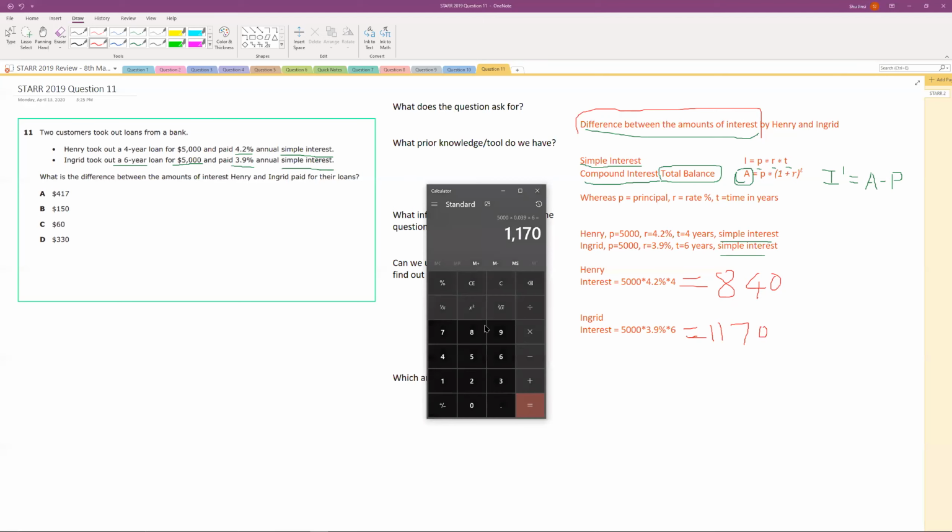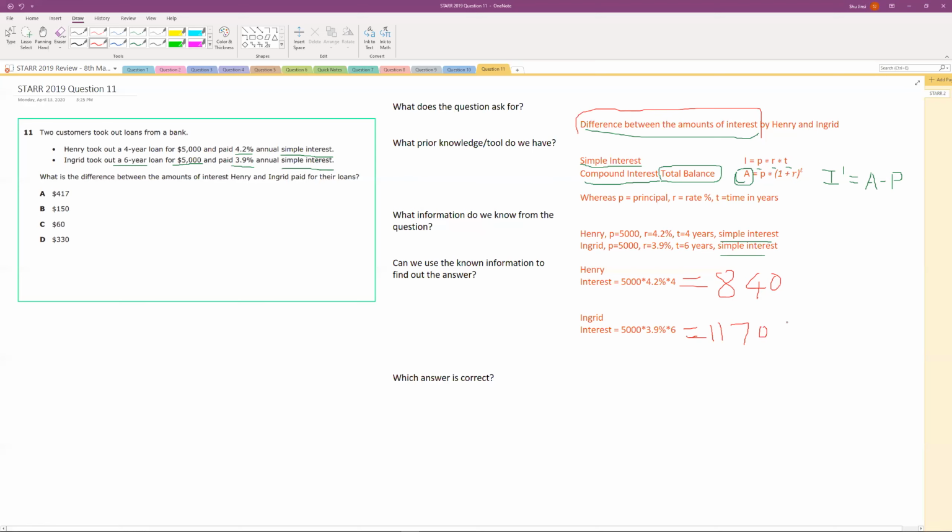So we're going to find the difference. 1,170 minus 840 is 330. So the difference is 330, and the answer is D. Did you find out the right answer?